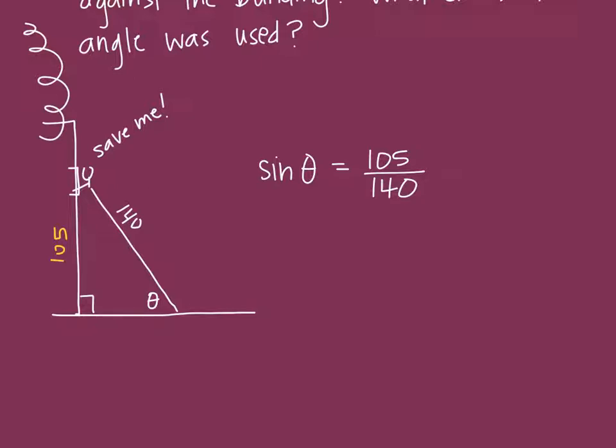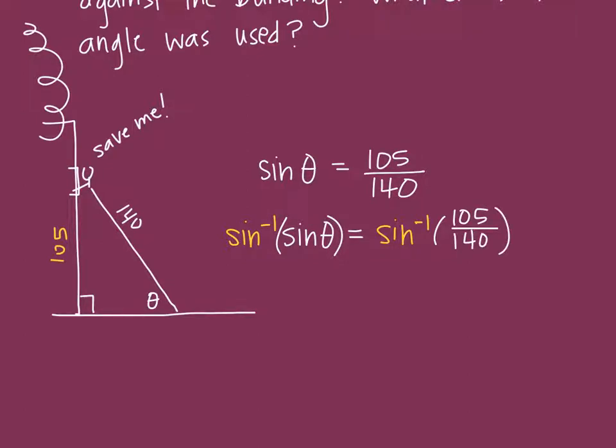So we're going to use sine inverse around both sides of the problem. So sine inverse on the sine theta side. And it's always a good idea to put parentheses around it when you use that. And then we'll use sine inverse on the 105 side, and we'll put parentheses around that.